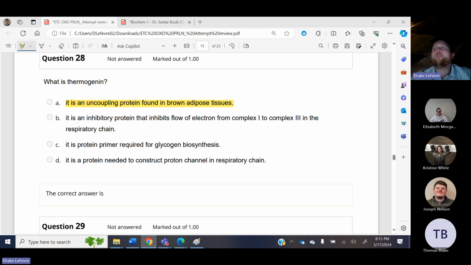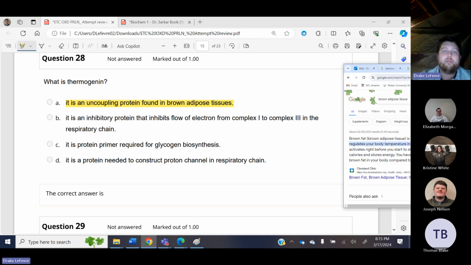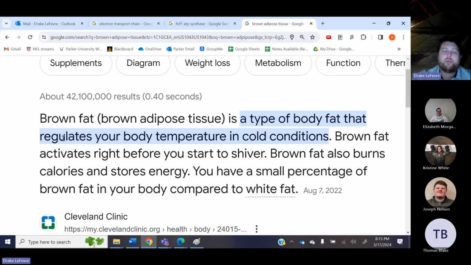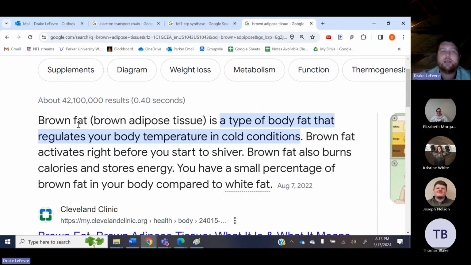Yeah, so brown adipose tissue, it's more common. We mostly talk about it when we talk about infants. Infants have a lot more brown adipose tissue. It's a type of body fat that regulates your body temperature, specifically in cold conditions. It activates right before you start to shiver, and brown fat also burns calories and stores energy.